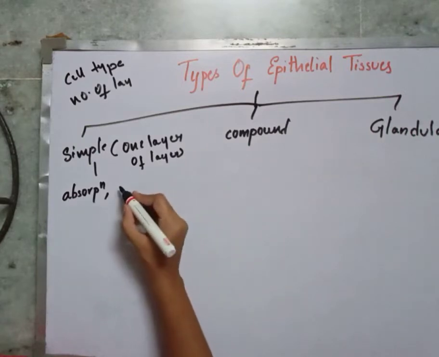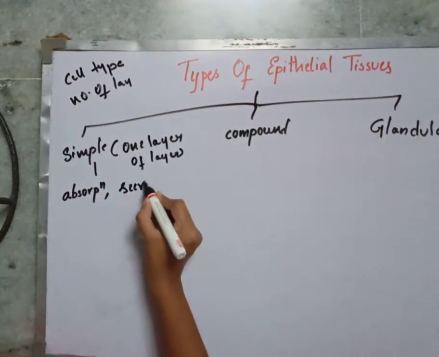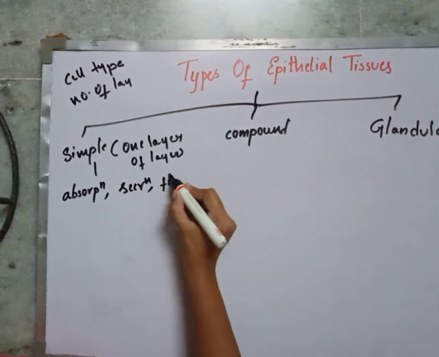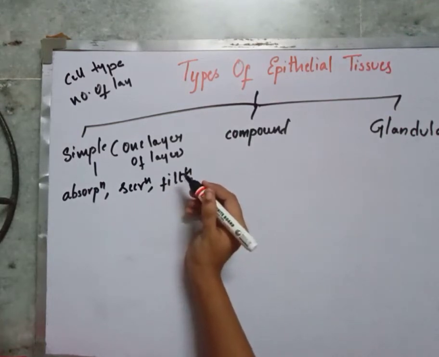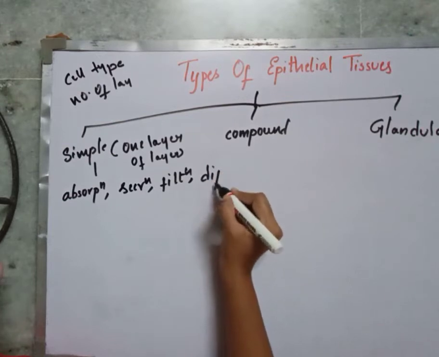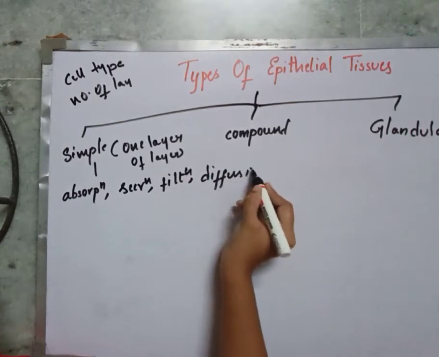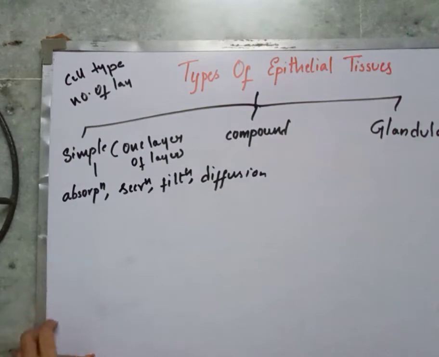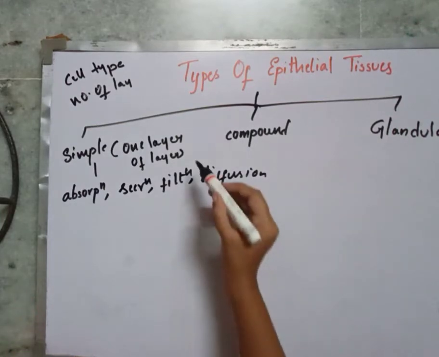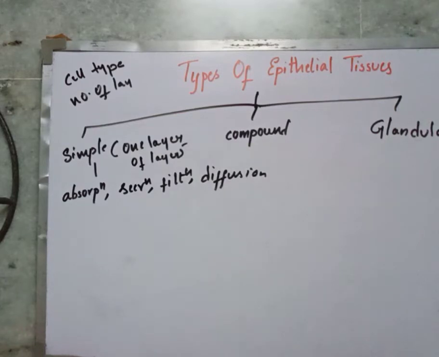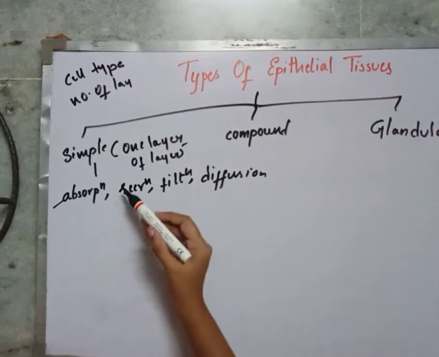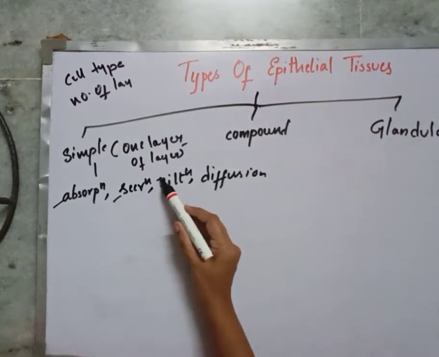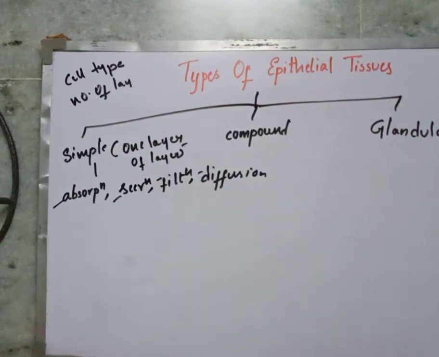They are absorption, secretion, filtration, and diffusion. So these are the four functions of a simple epithelium. If only one layer is present, it is useful for the absorption of fluids, secretion of fluids, filtration of certain substances, and diffusion of certain substances.